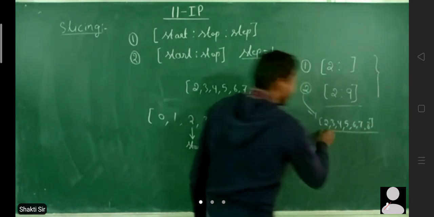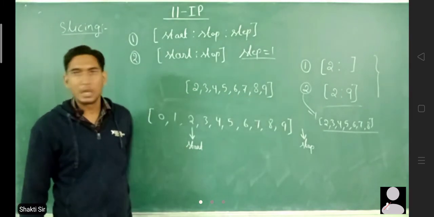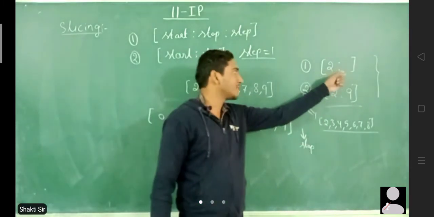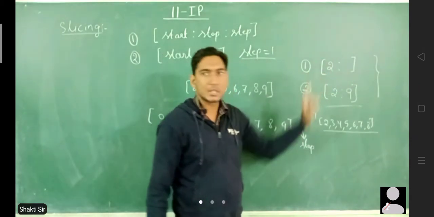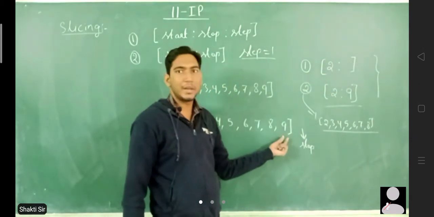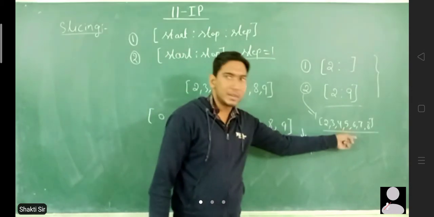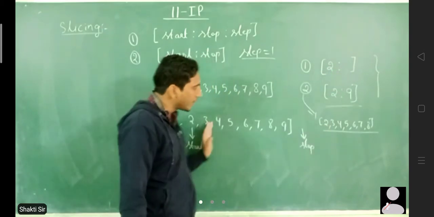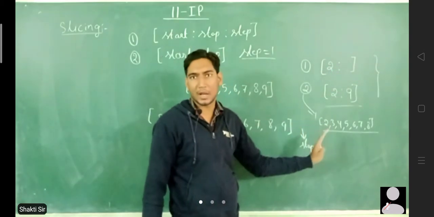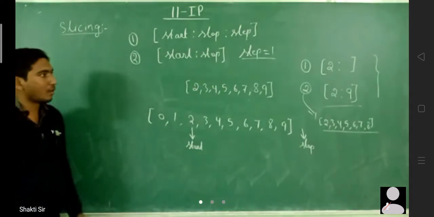If I do not pass a value of stop, that does not mean that the value of stop will be 9, because if it were 9, the answer would be this. If I do not pass a value of stop, I have to take all the elements up to the last. So this is your start and stop.